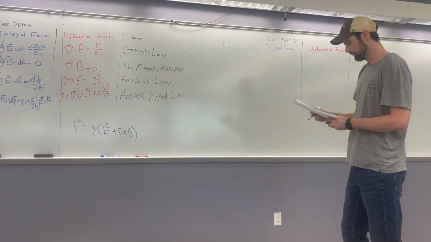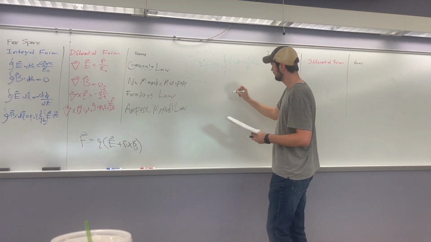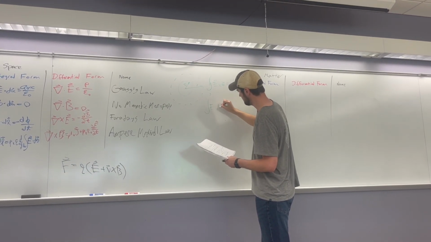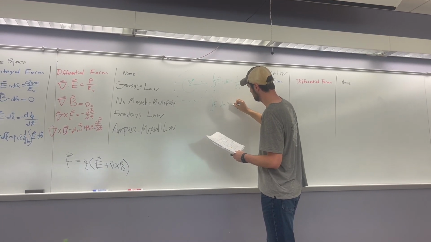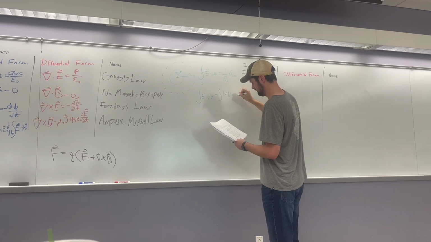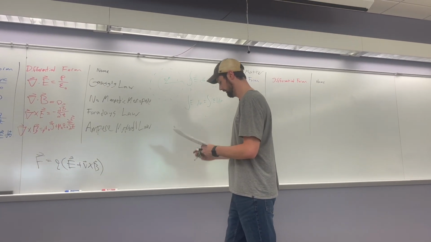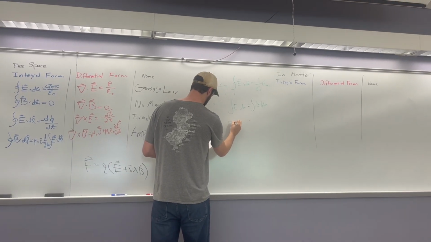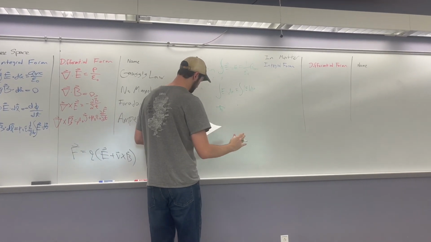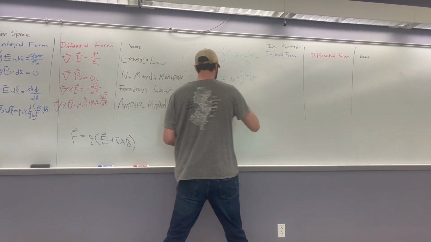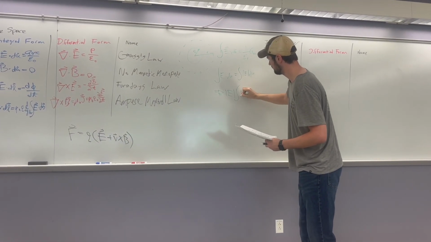And so what we can do here is rearrange this so that the integral of E dot dA is equal to the integral of the absolute value of E dA. And we can take that and say that is equal to the absolute value of E times the integral of dA.